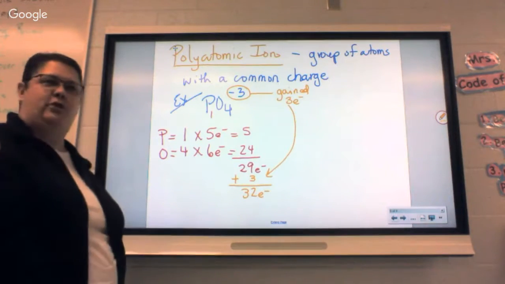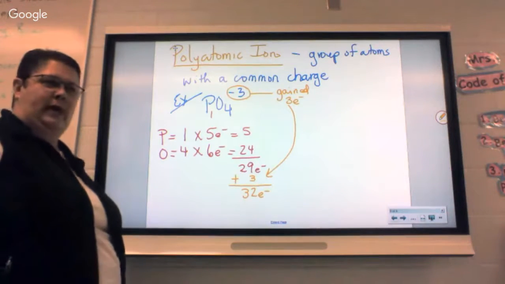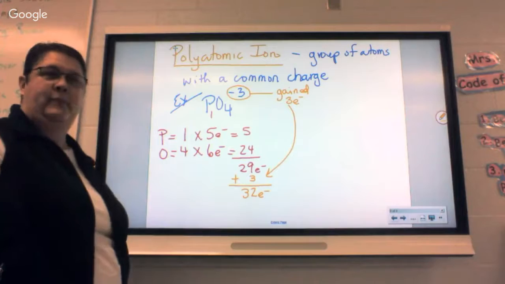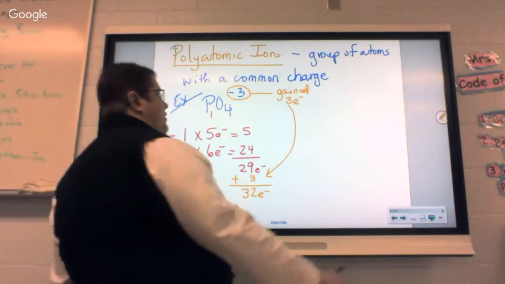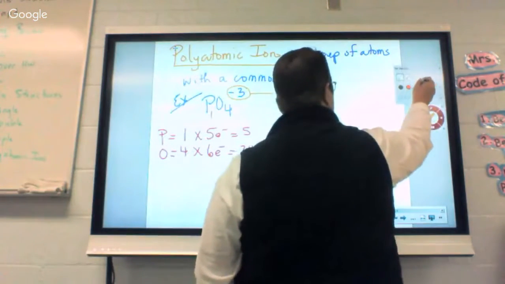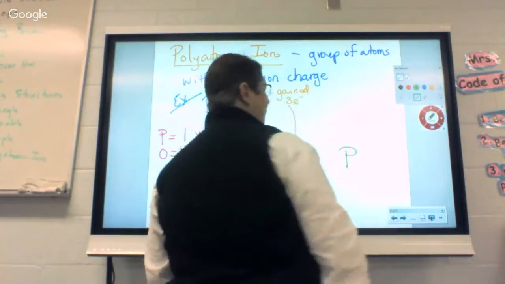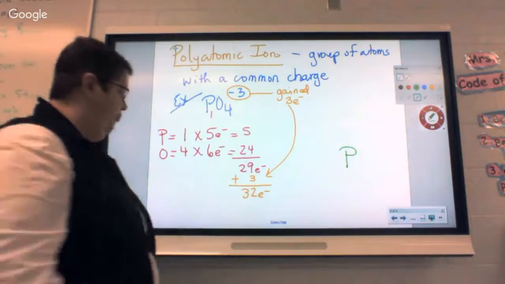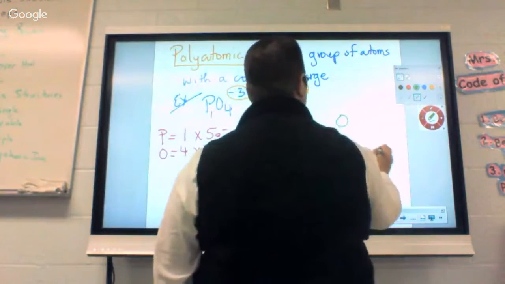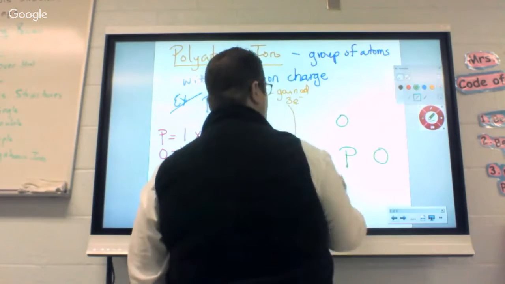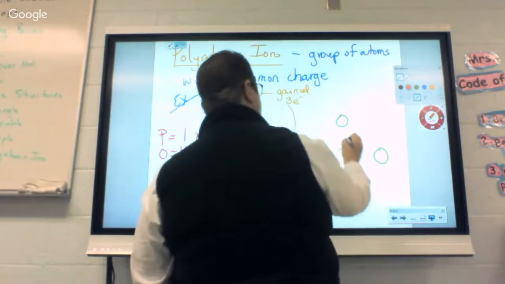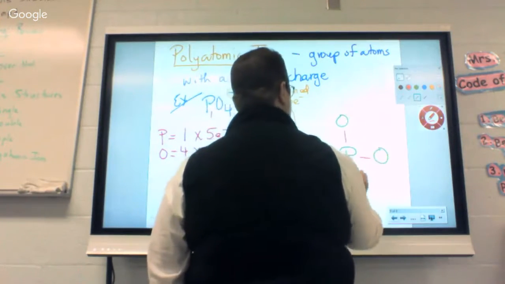All right, so now the steps are the same. Who is the central atom? Because there's only one, phosphorus is the central atom. Okay? How many O's are we drawing around the central atom? Drawing 4. And how many of these electrons do we have to draw in? 32. 2, 4, 6, 8.